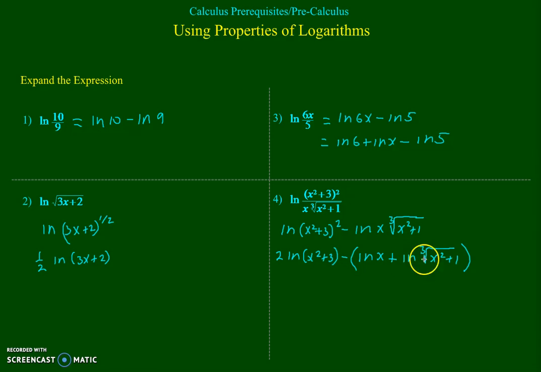And the last piece inside this parenthesis is going to be this guy. So this is going to be 2 ln x squared plus 3 minus, I'm going to distribute this negative, ln of x minus 1/3 ln x squared plus 1. And there's the expansion.